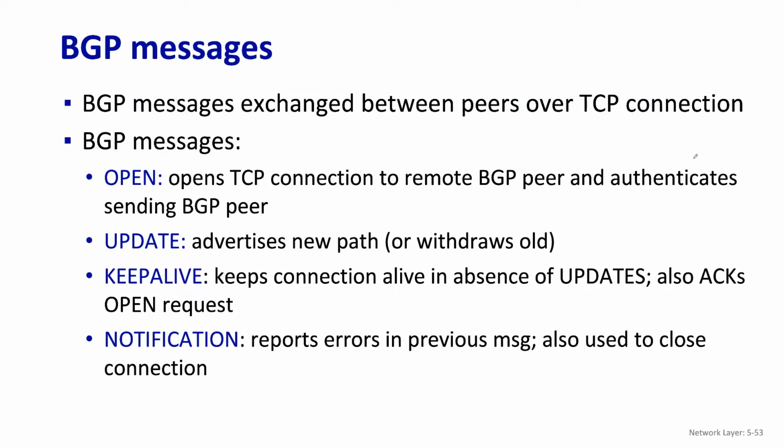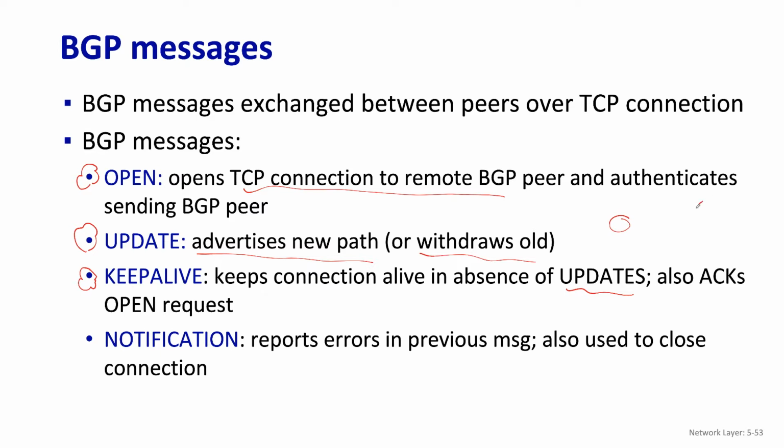So for the types of messages we have with BGP, we have four main messages. The first one is open, which opens the TCP connection to another BGP router. Update message is used to advertise a new path or even drop one of the previous ones. Keep alive is just a signal message to keep the connection alive in the absence of updates.